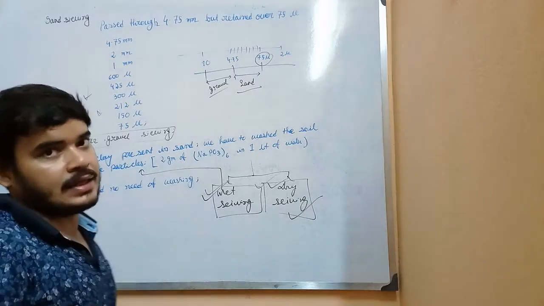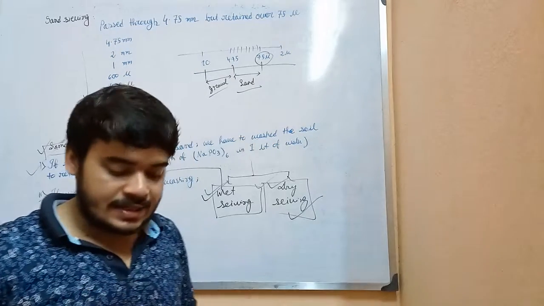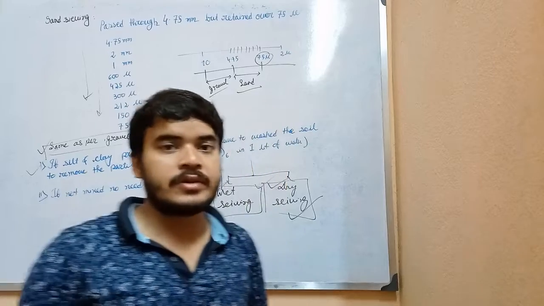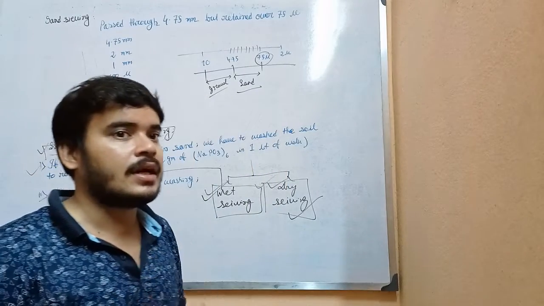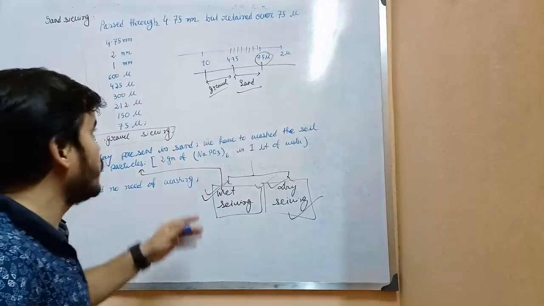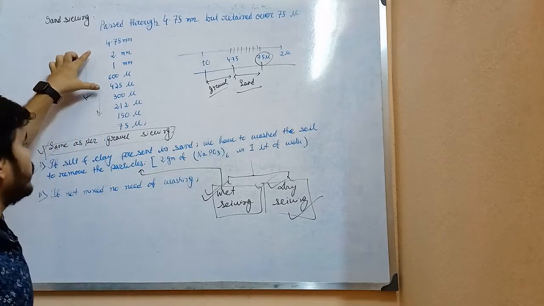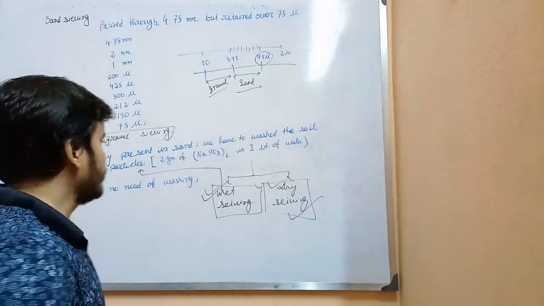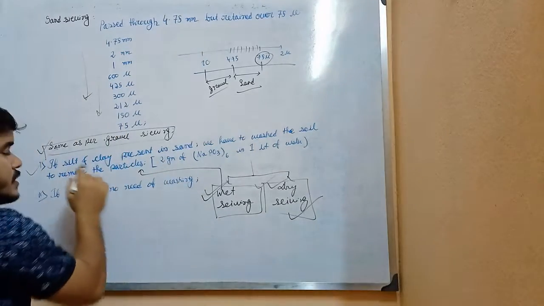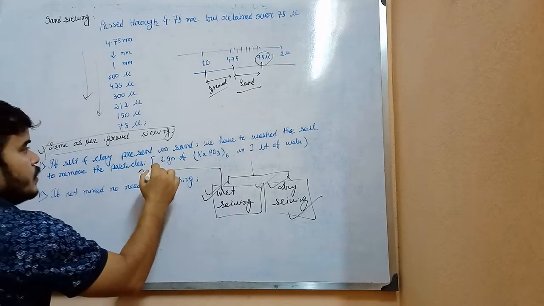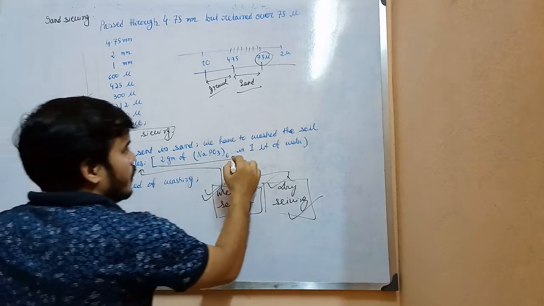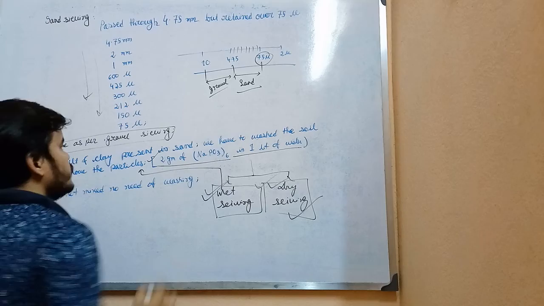If silt and clay are present in the sand, as silt and clay have a sticky property, they will stick to the sand particles. For proper sieving, we first have to remove the silt and clay. That's why we wash the sand with 2 gram of sodium hexametaphosphate in 1 liter of water.